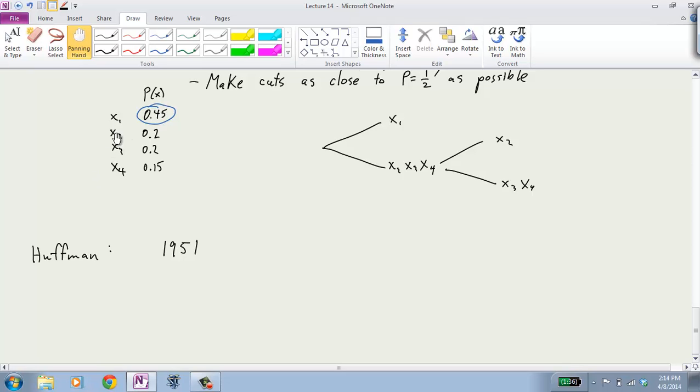Apparently, he started with 3 and then 4, and once you get up to 5 or 6, you're looking at many, many different ways of doing encoding. So he had pages of derivations and eventually identified the pattern. Okay, and here's how you construct the Huffman code. You start by sorting.